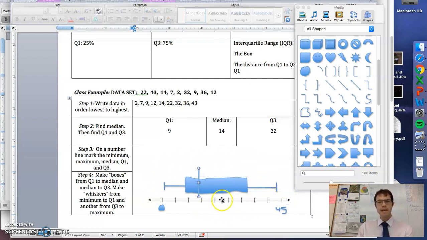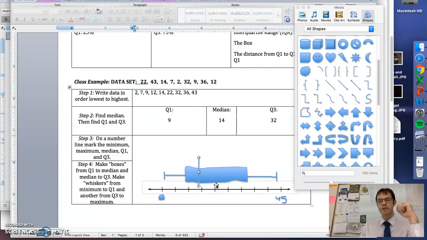So that's why we make box plots, is they show us how crunched together our numbers are or how far apart they are, so that we can get a picture of the data as a whole. You know, mean, median, mode, they only really tell us where the center is. They don't tell us how the data kind of sits around the center. So this box plot fulfills that function.